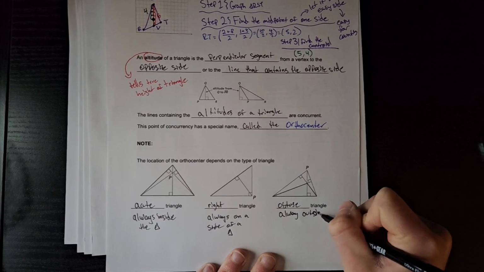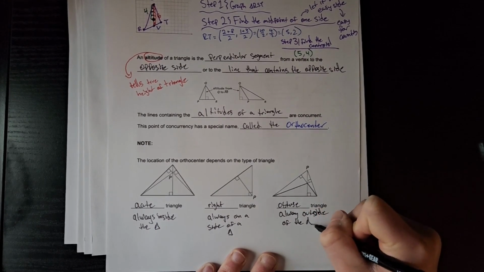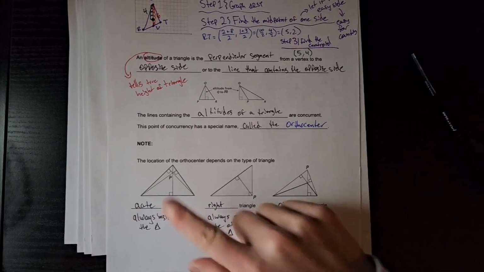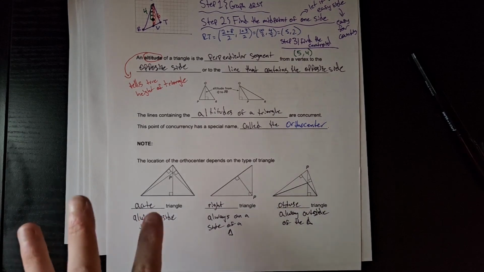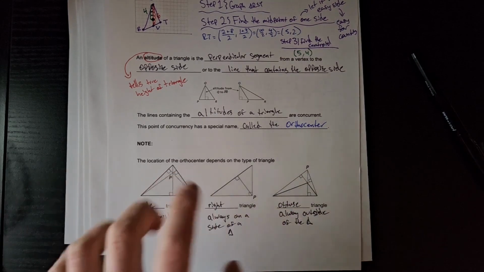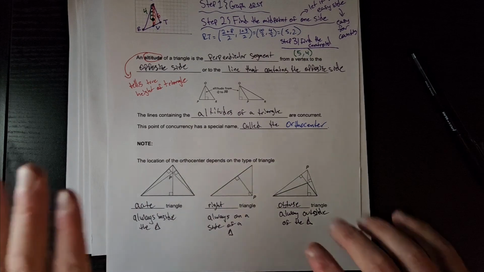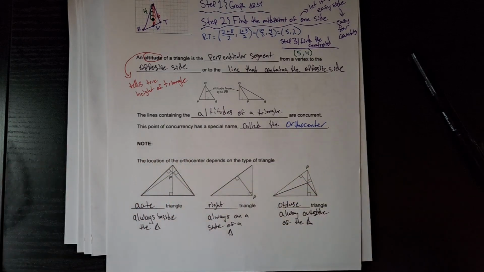I spelled outside wrong. You'll need to know where the orthocenter is on each one of these. But it's the same kind of remembering that you have to do for circumcenter. So not too bad. Cool. That does not mean the orthocenter and the circumcenter are the same point, but they have the same property on where they could be in a triangle.